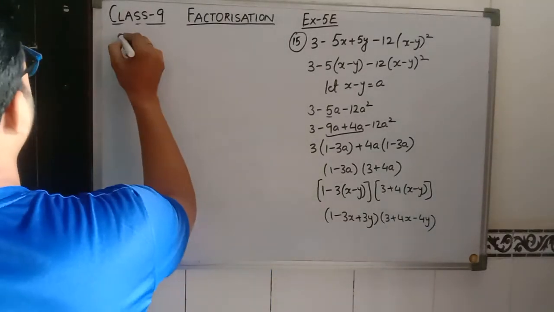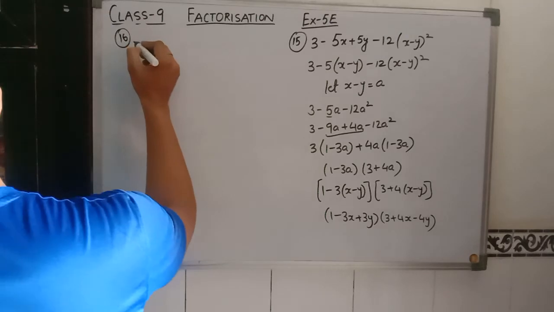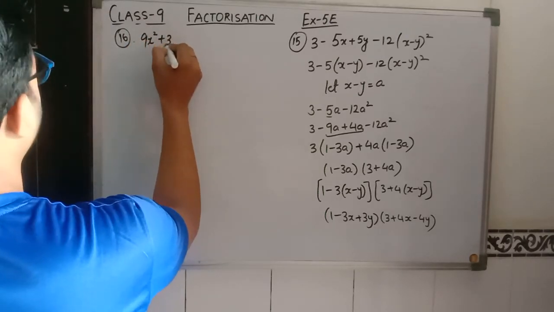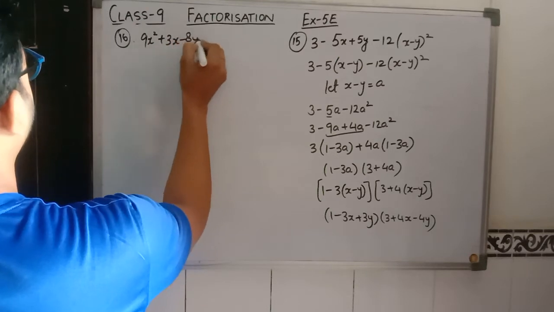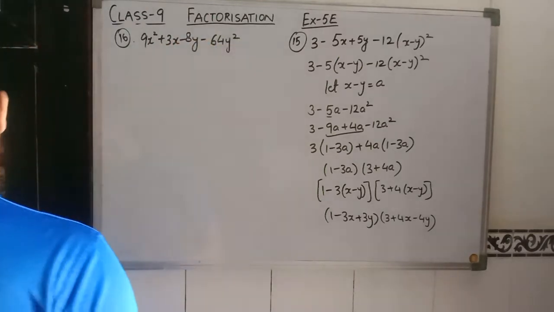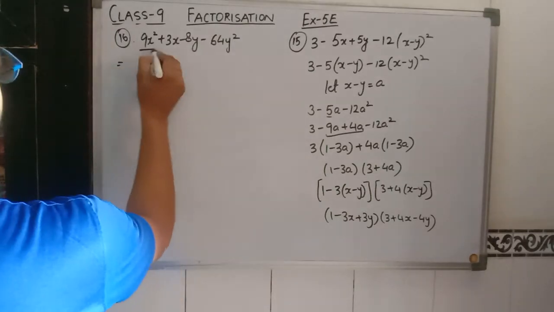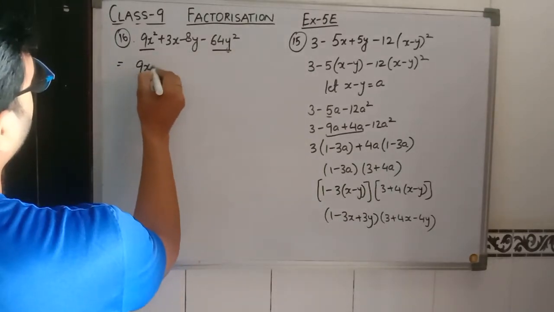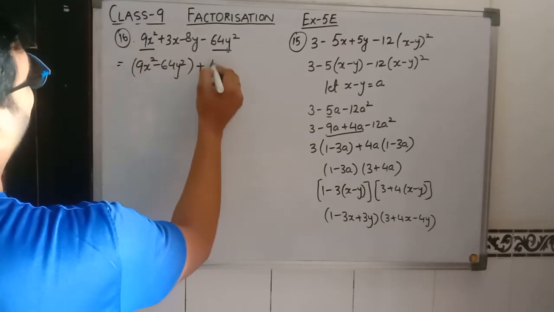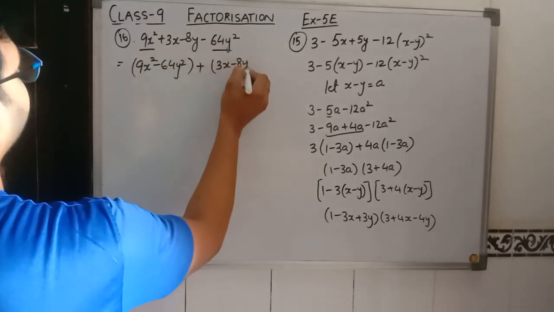Now we are coming to question number 16. Question number 16 is 9x square plus 3x minus 8y minus 64y square. So we have to group these terms: 9x square minus 64y square together and 3x minus 8y together.